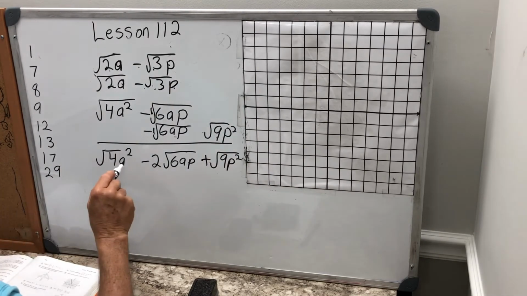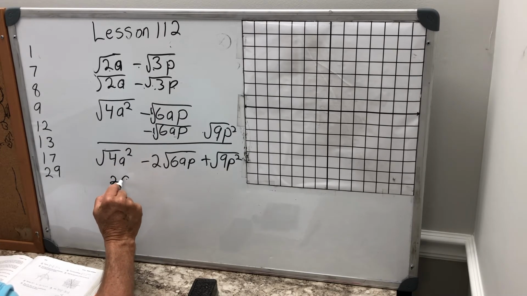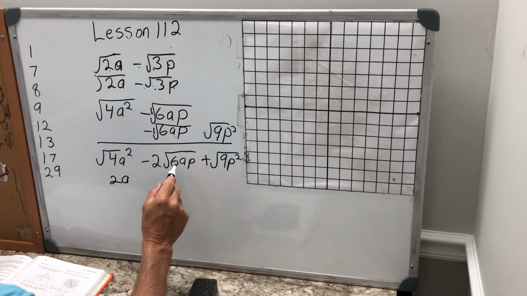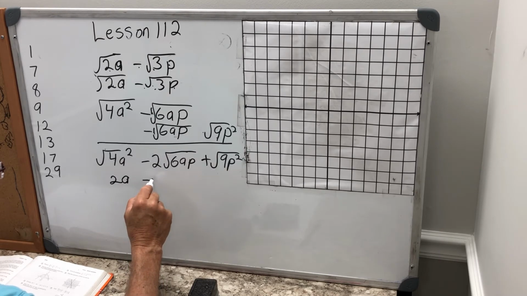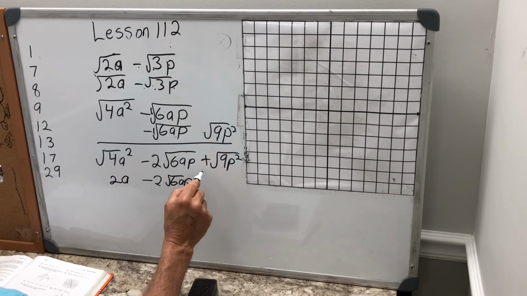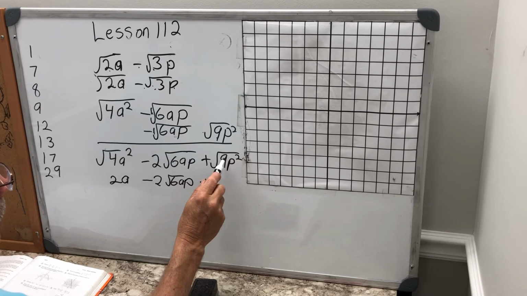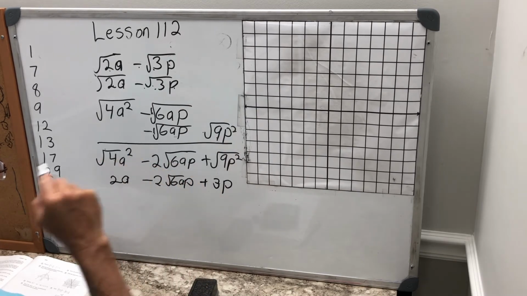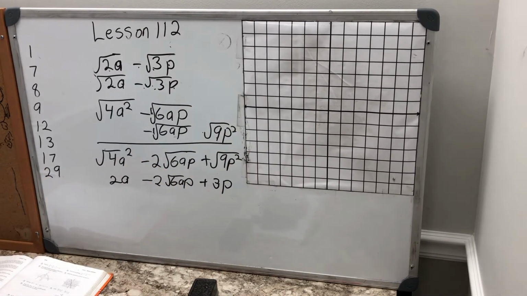Now we are ready to simplify this. So the square root of 4 is a 2, and square root of A squared is an A. We really can't simplify this one, so we simply say negative 2 to the square root of 6AP. This one we can again, square root of 9 is a 3, and the square root of P squared is a P. I think this is the final answer.